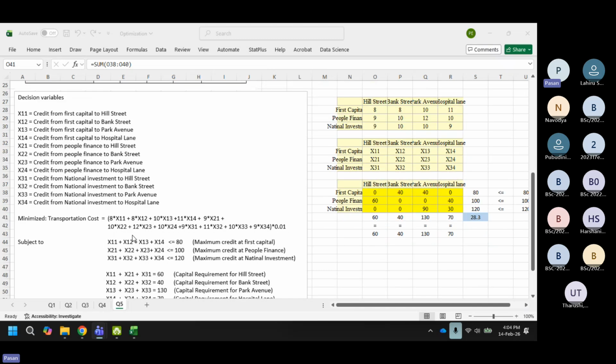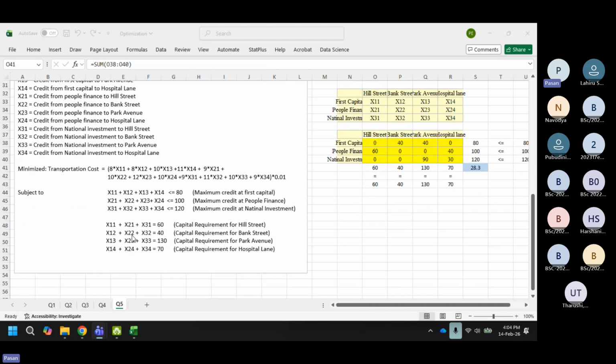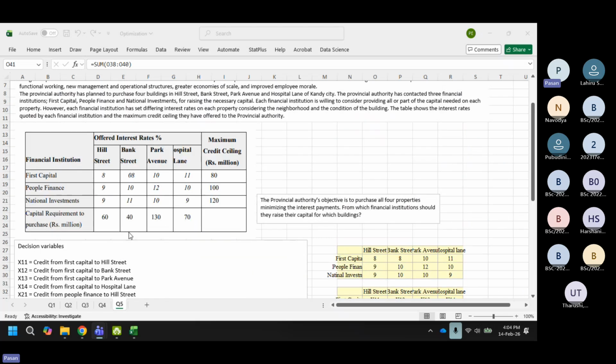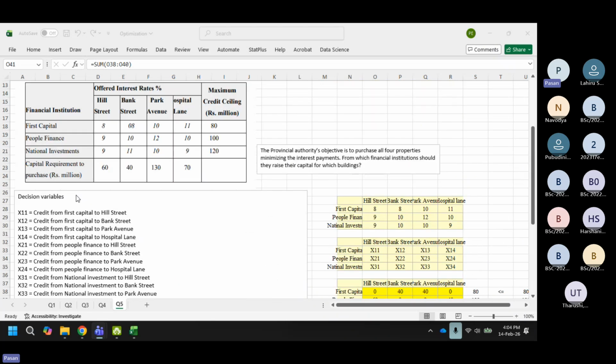And then we can define our constraints. So what are the constraints we have there? In terms of the rows and in terms of the columns, we can define our constraints. It doesn't matter whether you are taking from this place or from this place.